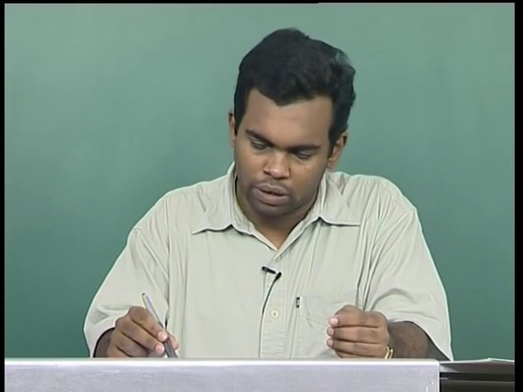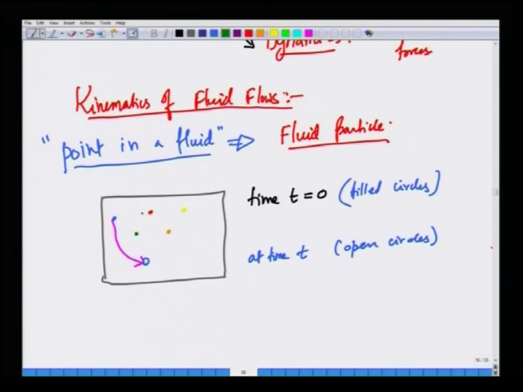At a later time, due to application of some forcing, the fluid is under motion, and when the fluid is under motion all these points will move to some other locations. For example, this may go to here and so on, and the red dot will move here, this orange dot will move here, and this yellow dot may move here.